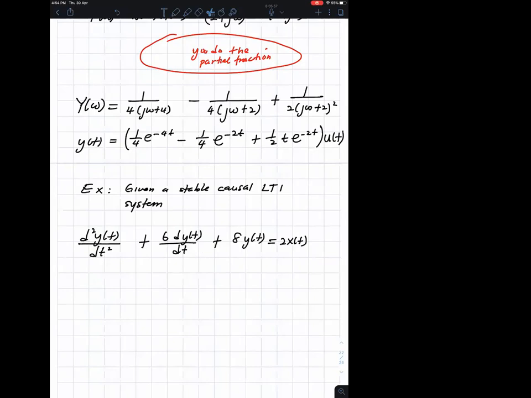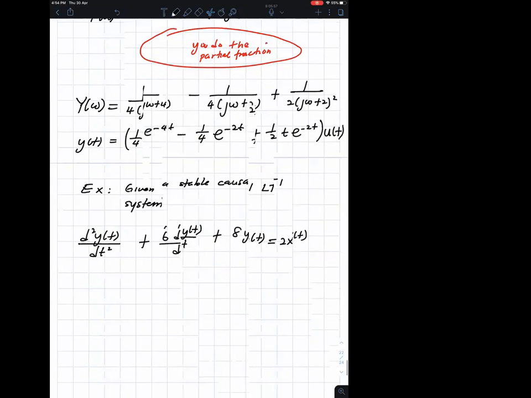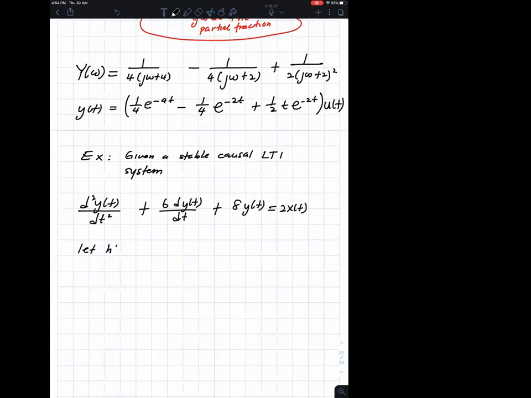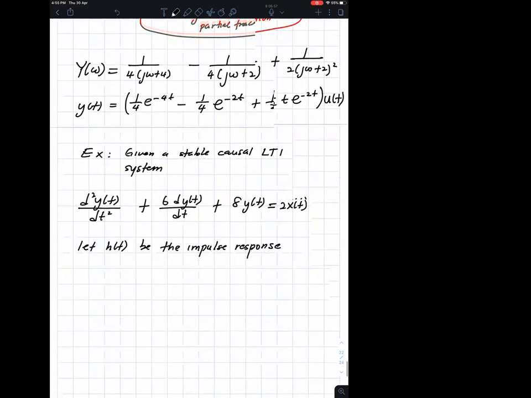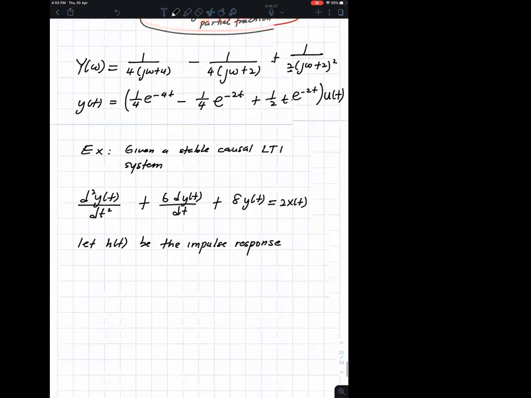Let h(t) be the impulse response. Find H omega, H as a function of omega.